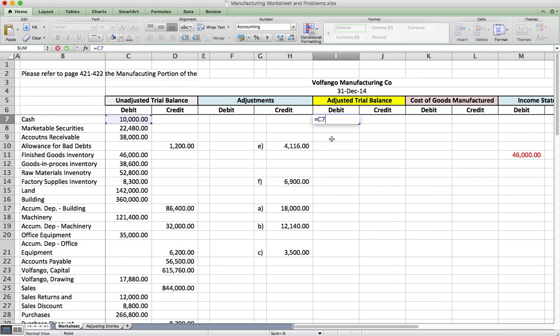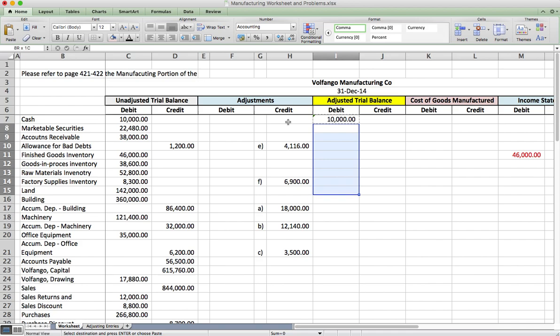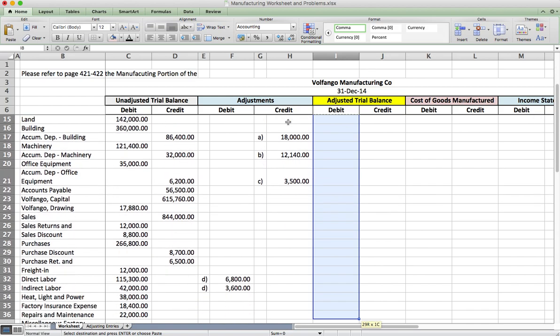Debit ng cash plus debit ng adjustments less credit adjustment. Wala. So, kopya natin itong formula na to hanggang dito. Sa baba. Para madali.